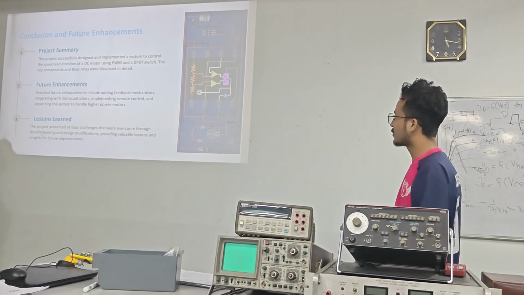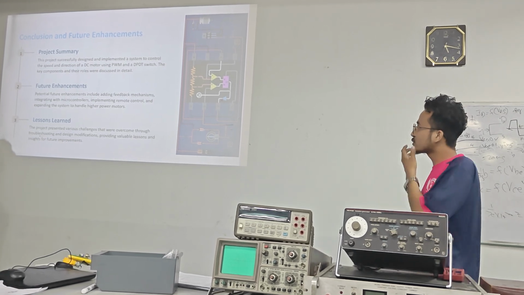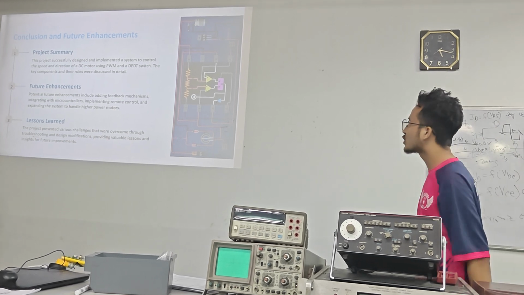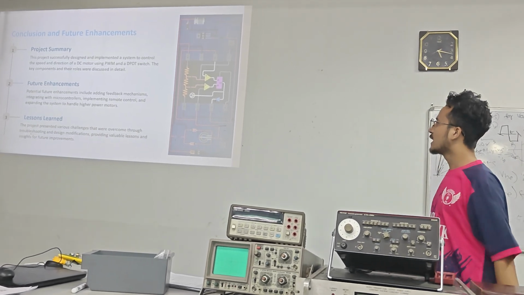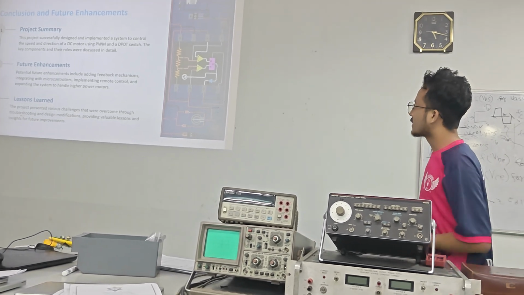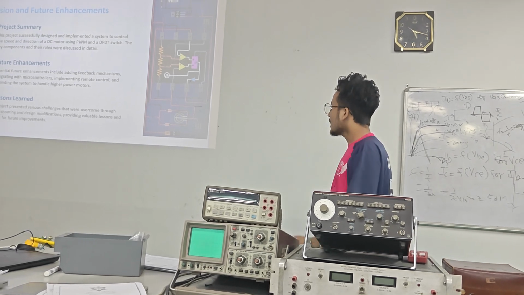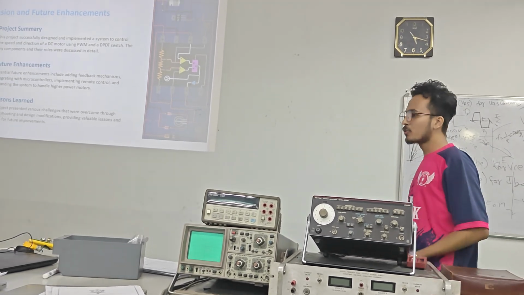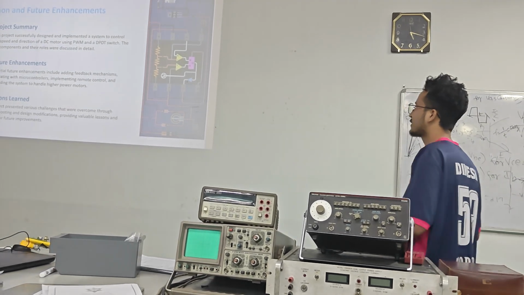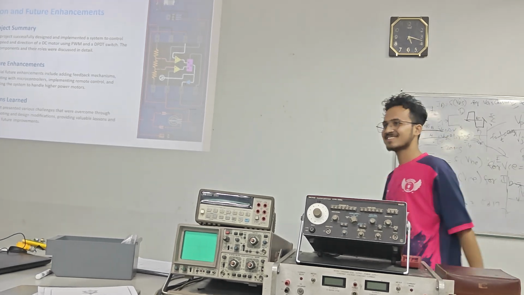Future enhancements include adding a feedback mechanism, integrating a microcontroller, implementing remote control and expanding the system to handle higher power motors. And then lessons learned: we gained insight for future improvement of our project and different troubleshooting and design modification.